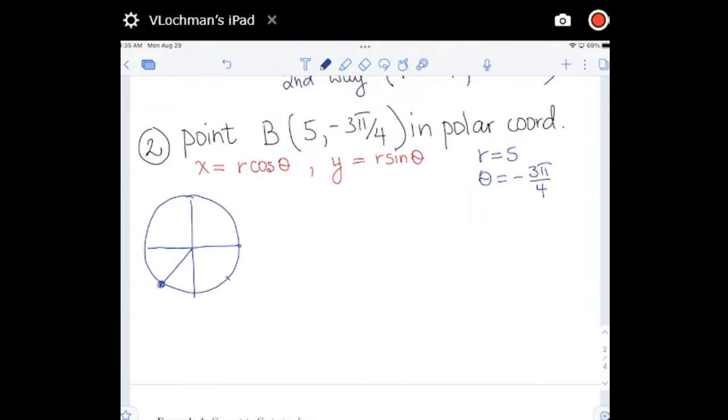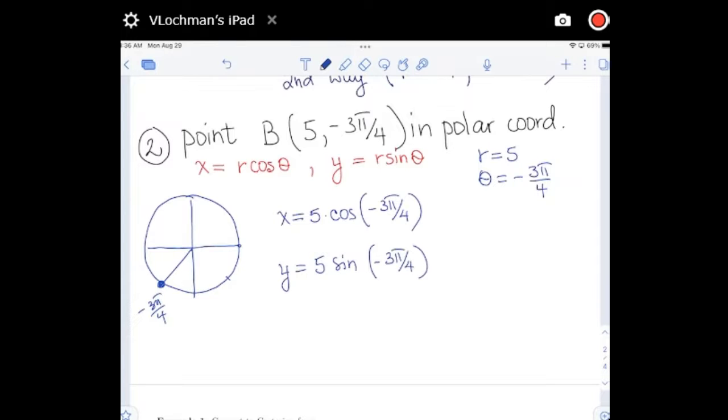This is our angle, negative 3 pi over 4. Now we can compute x and y coordinates. X is 5 times cosine of negative 3 pi over 4. Y is 5 times sine of negative 3 pi over 4.